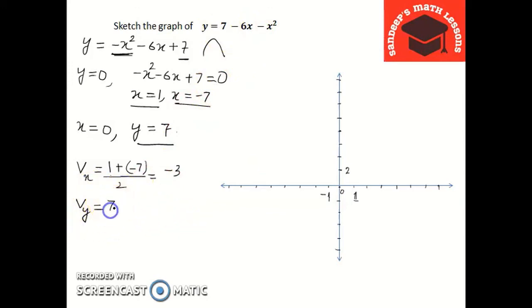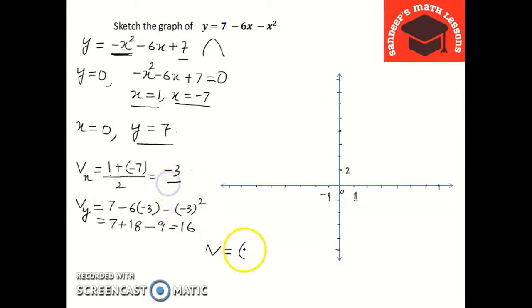So that will be 7 minus 6 times -3 minus -3 squared, which will be 7 plus 18 minus 9, which is 16. So the vertex is: the x coordinate is -3 and the y coordinate is 16.